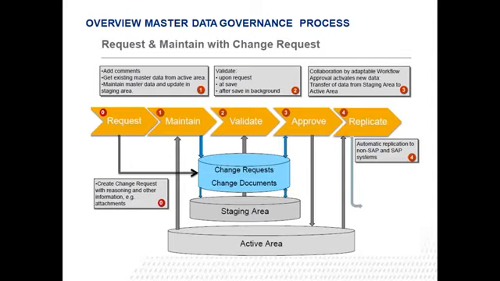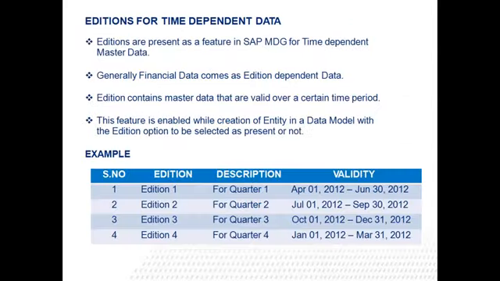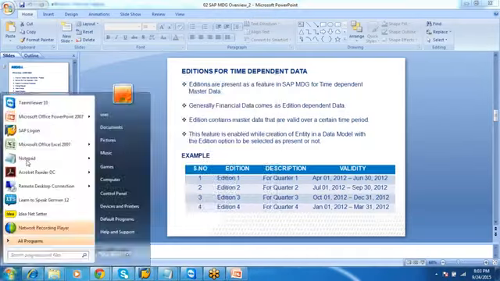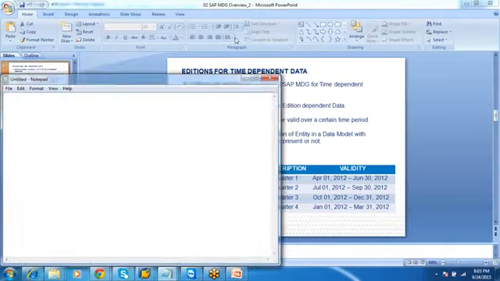And in the next slide, I just try to cover editions. What exactly does an edition mean? So in finance, for example, we need time-dependent accounts and profit centers. Everything is time-dependent.